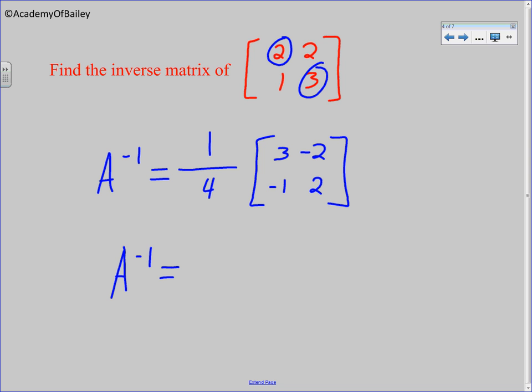Multiply 1/4 times everything inside. 1/4 times 3, 1/4 times -2, making sure we always reduce fractions, 1/4 times -1, and 1/4 times 2. And so you have determined the inverse of matrix A.